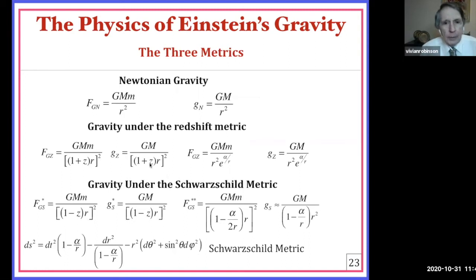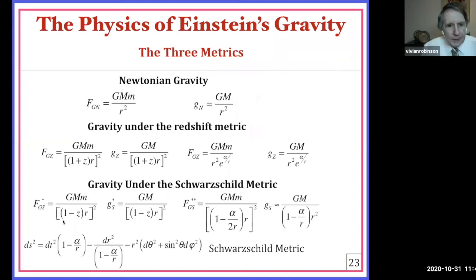Now, because 1 plus z equals e to the alpha over 2r, when that's squared, you get the acceleration due to gravity as Gm over r squared times e to the alpha over r. The accepted metrics, referred to as Schwarzschild metrics, are approximations that are only valid for r much, much greater than alpha. Getting an exact expression for these terms becomes difficult. Probably a nice way of saying it's not really possible.